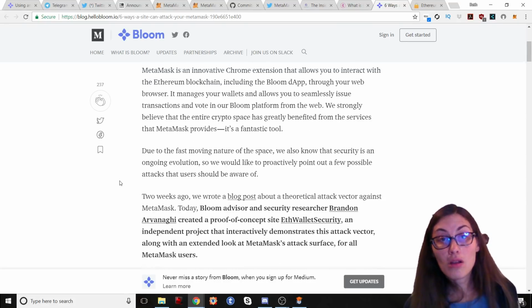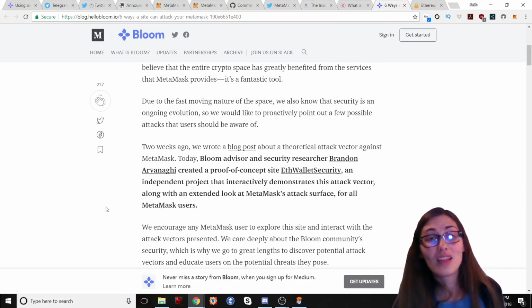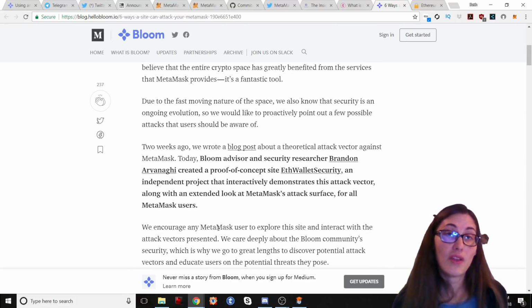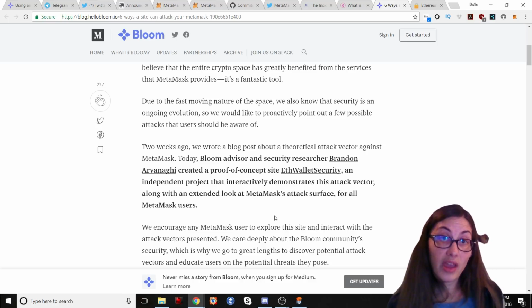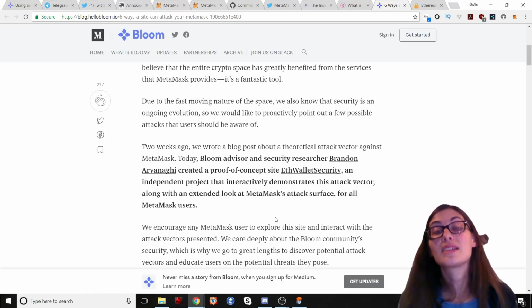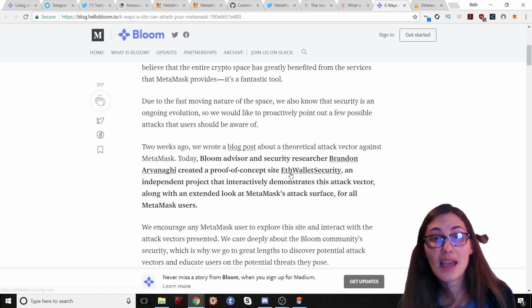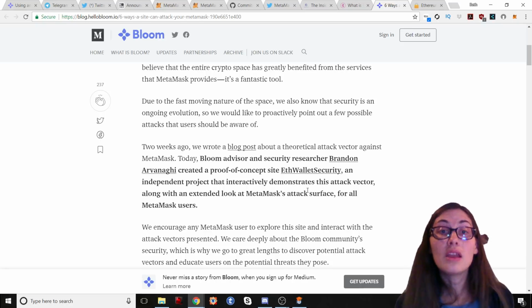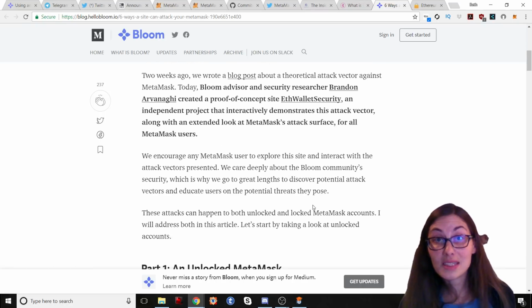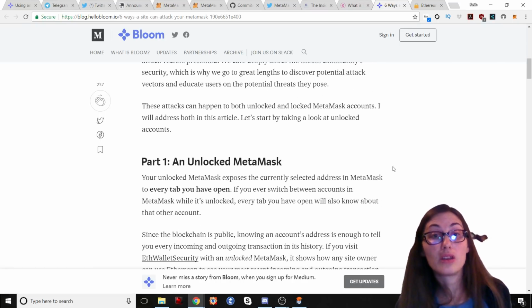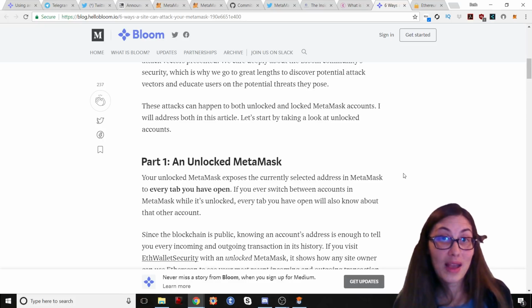And so this article has a lot here about what the attack vectors are just by having MetaMask on as an extension that is enabled on your browser. So I will also link this, but this has links to ETH wallet security, which analyzed what goes on when you have MetaMask on your browser.